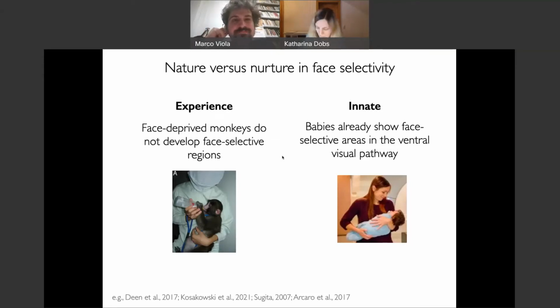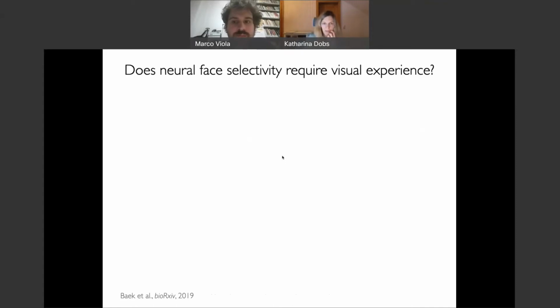They're sort of innate, right? So that's the debate, and there are many more arguments on one side or the other. But what we thought is, okay, let's use CNNs to look at this from another angle, and in particular ask this question: does face selectivity require visual experience?